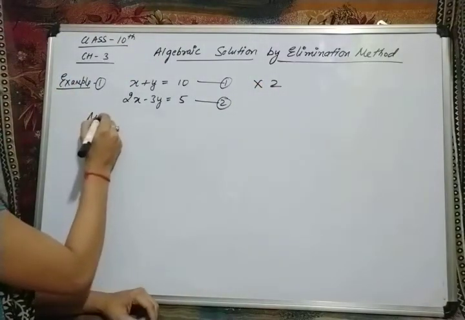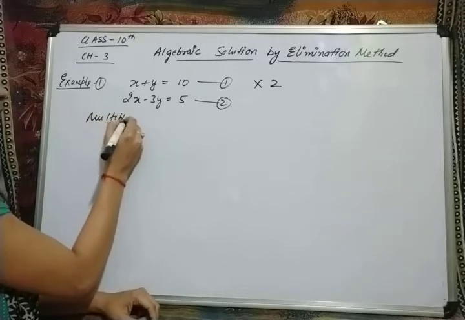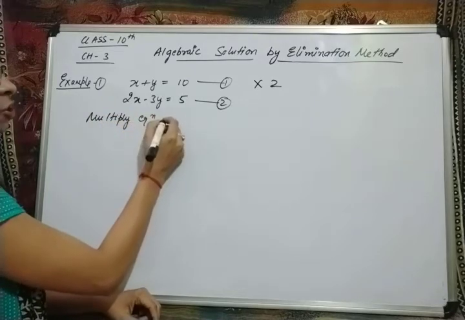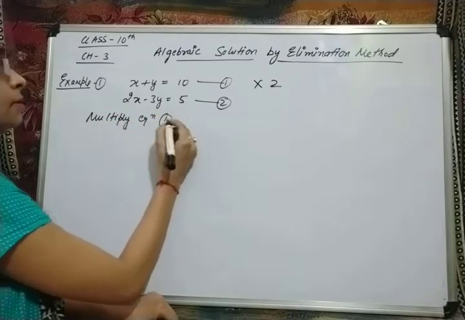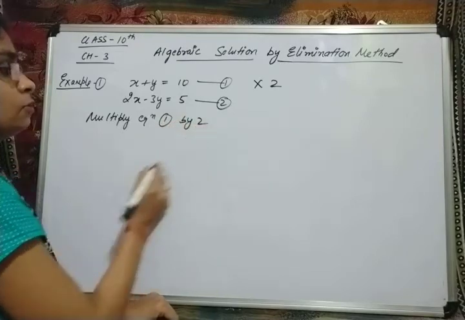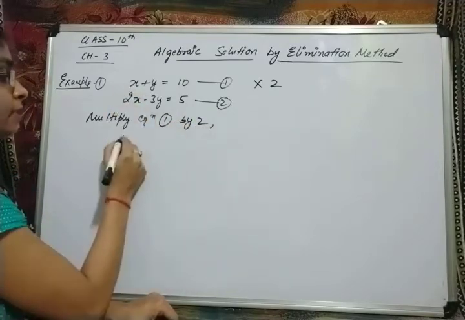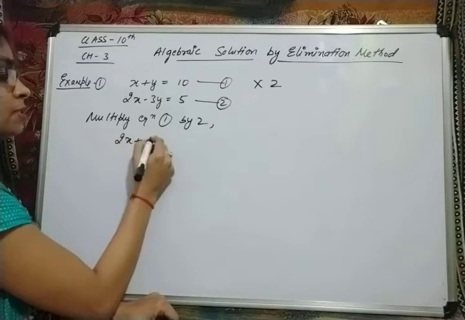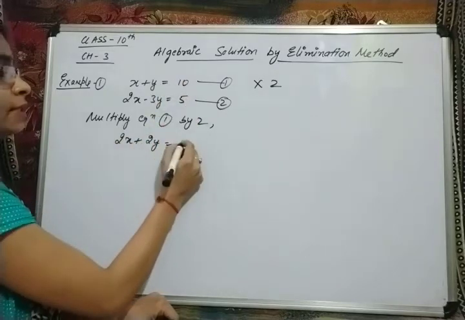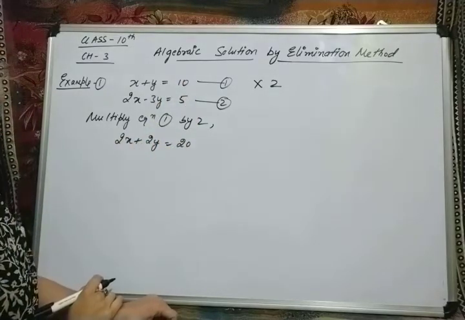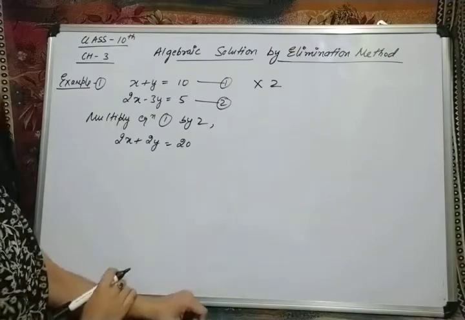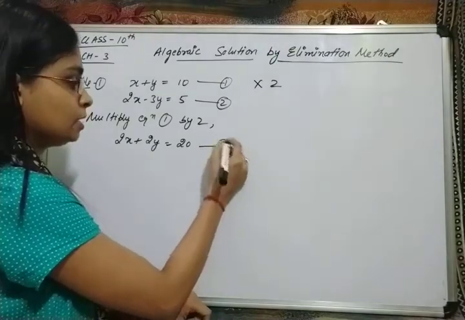What do we get? We get 2x plus 2y is equal to 20. This is our equation 3.